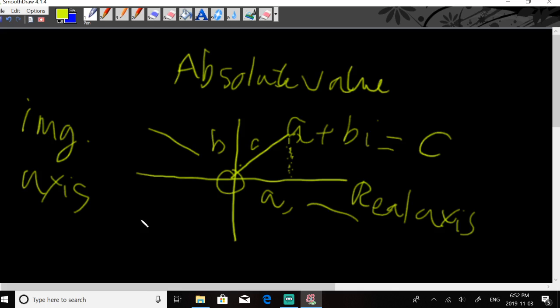We can use the Pythagorean theorem. So c squared equals a squared plus b squared. So you can find this side, and b is the same thing.